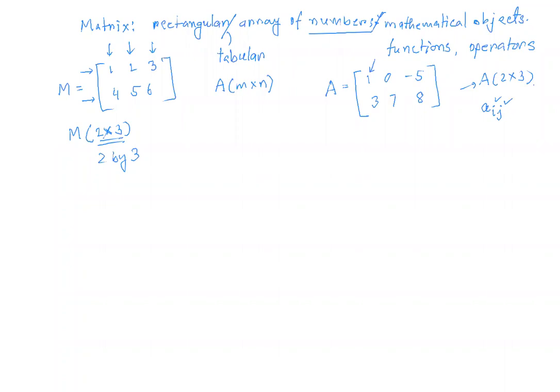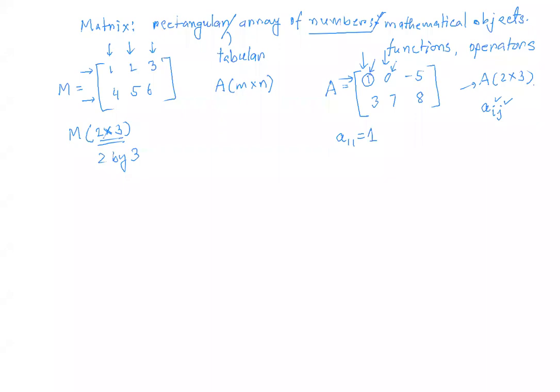So for instance, this top left element is in row number 1 and column number 1. It's at the intersection of row number 1 and column number 1. So I denote it by A11, which is 1 in this case. This one is located at the intersection of row number 1 and column number 2.